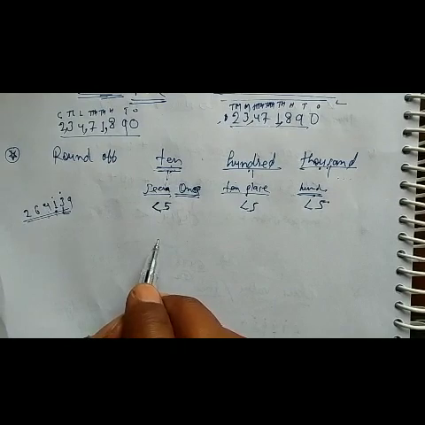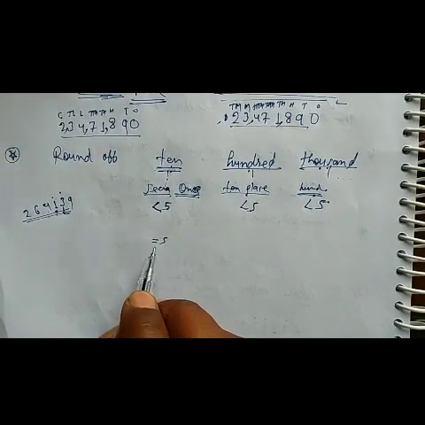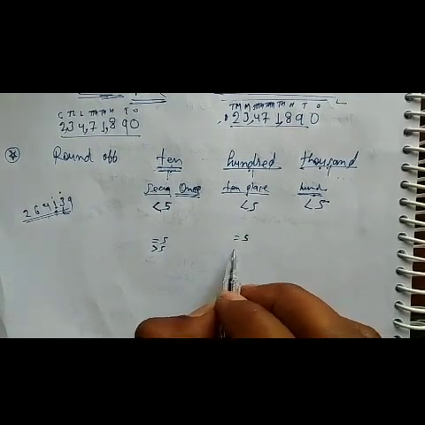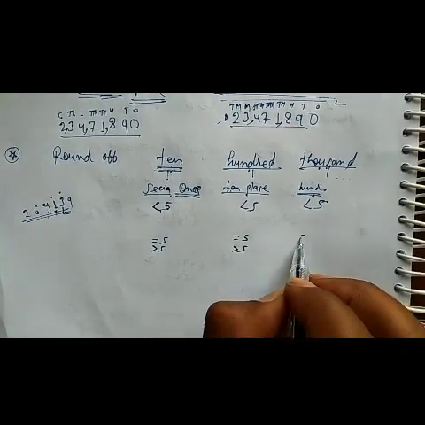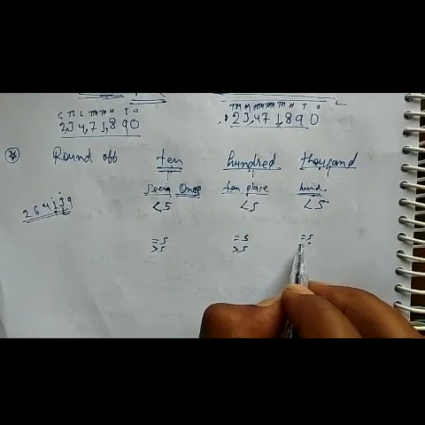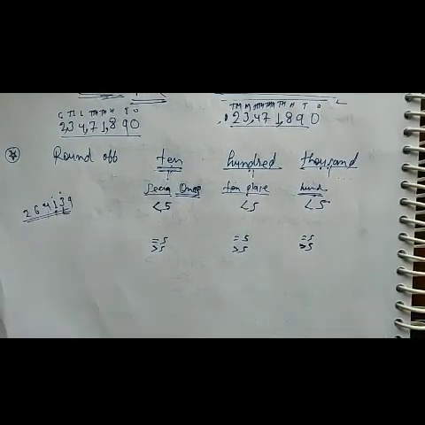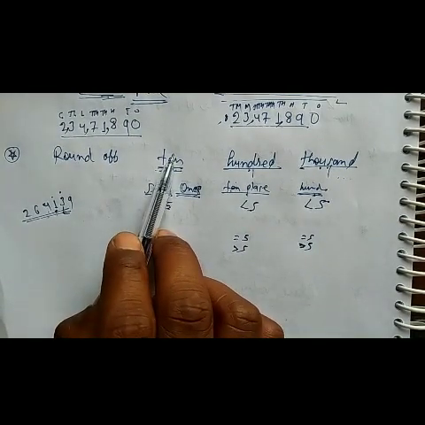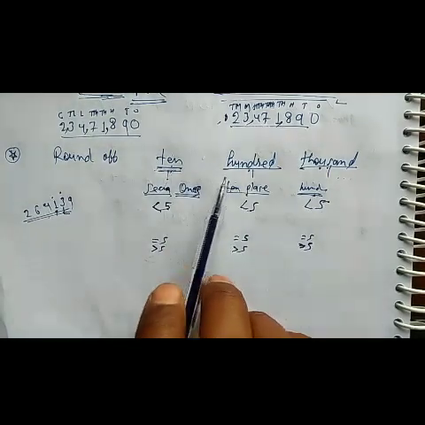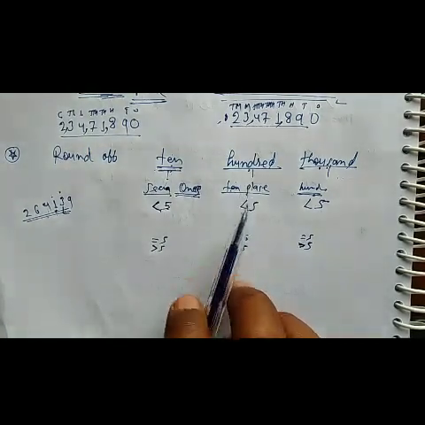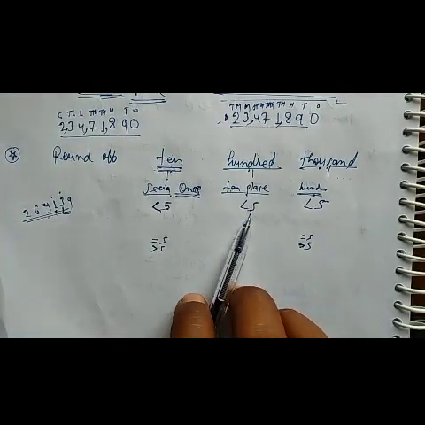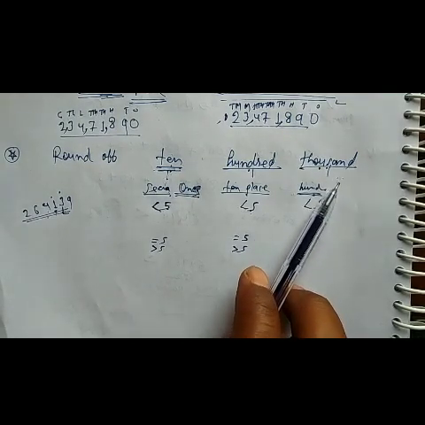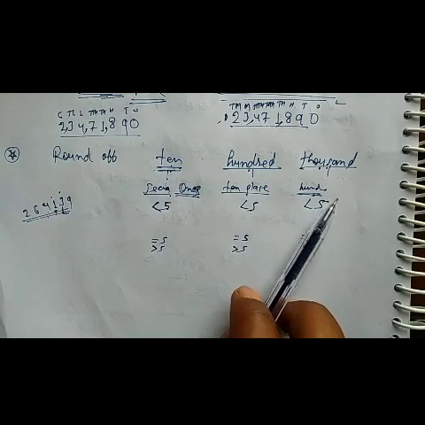If the digit is equal to 5 or greater than 5, then the next place will be increased by 1, and the lower places will become 0.